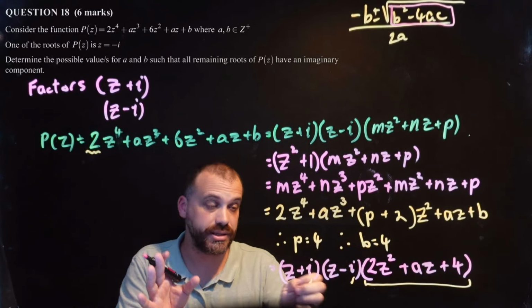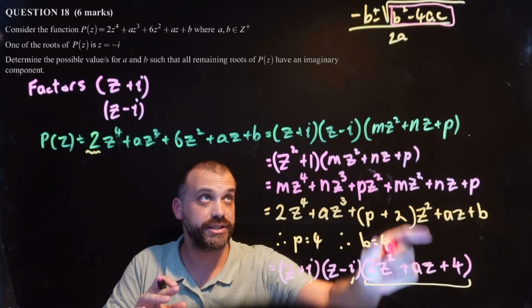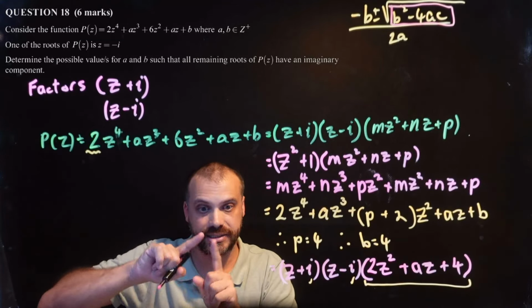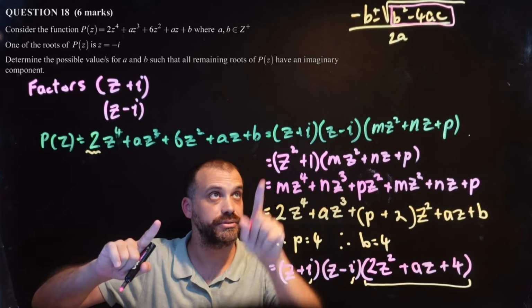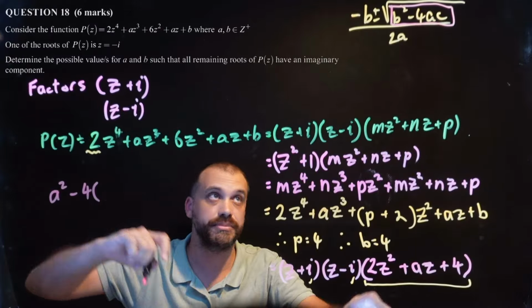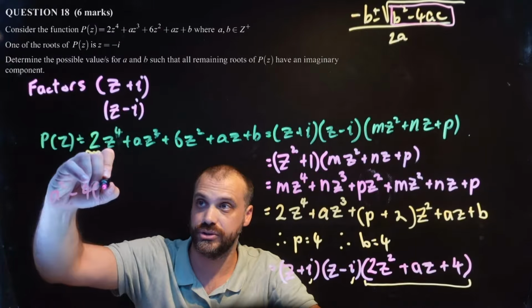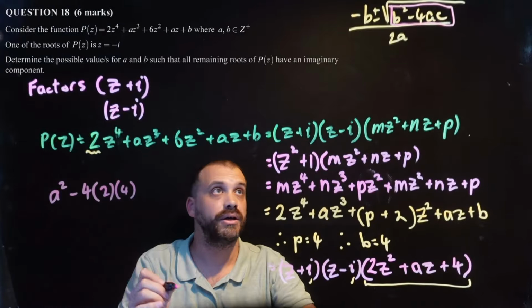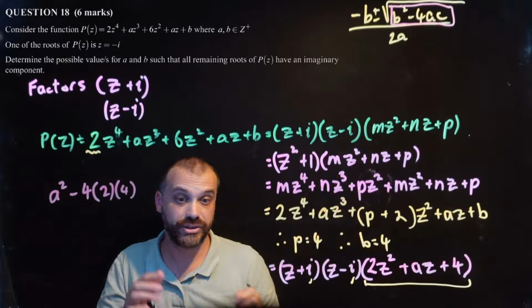So what that all means is that looking at this quadratic, if I sub it into the part under the root, I need it to be less than 0. So b squared, so b is a, this is confusing, so a squared, minus 4 times a, and a is 2, and c, which is 4. Now that's the part under the root, that's the discriminant.